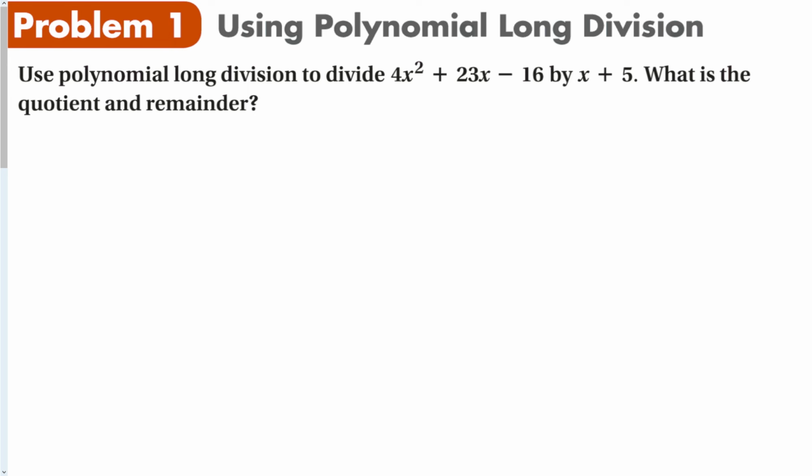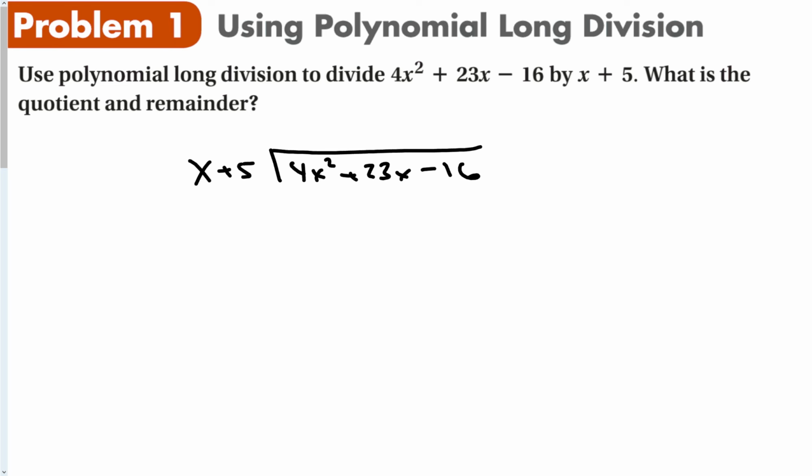Let's try this. Let's use long division to divide these two polynomials and see what happens. Okay, so we're going to start like this. x plus 5. I'm going to put my division 4x squared plus 23x minus 16. Now, it is important for both of these to be in standard form.